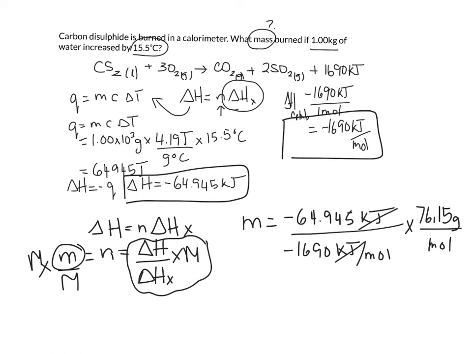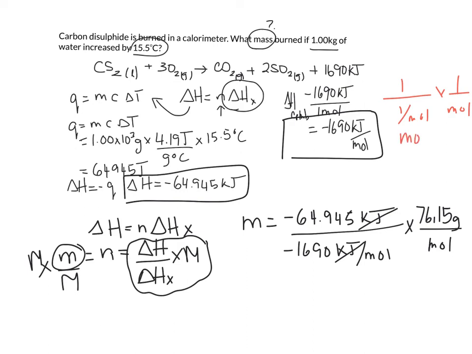Kilojoules are going to cancel, and our moles are going to cancel. I'm going to show you that up here. We've got 1 over mole times 1 over mole. When you divide by a fraction, it's like multiplying by the inverse.